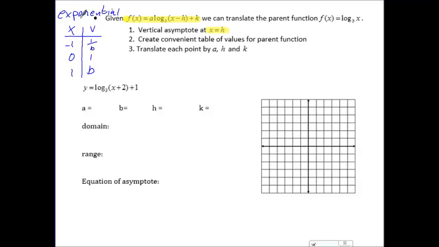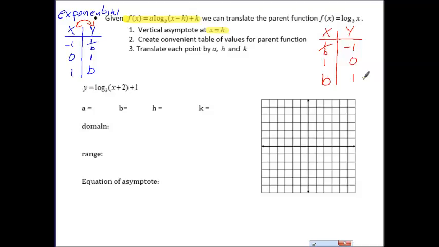And since the logarithmic function is the inverse of an exponential function, we just flip the x's and the y's. So the y's are now our values -1, 0, and 1, and the x's are 1 over b, 1, and b. So these are key values that we're going to use to graph our function. And of course, they're going to be different depending on which number is the base of our specific function.